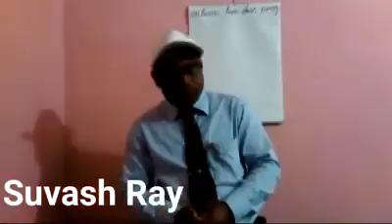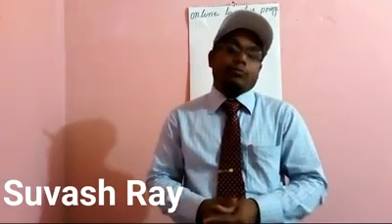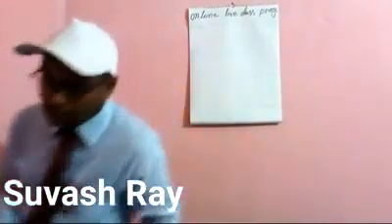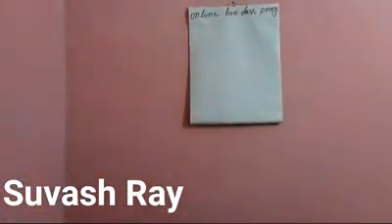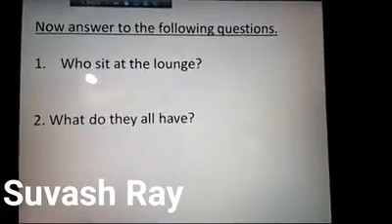Okay, now my dear students, be ready to do some tasks. I will give you some questions, and try to write down the answers from this passage. Look at the screen, I am giving some questions.